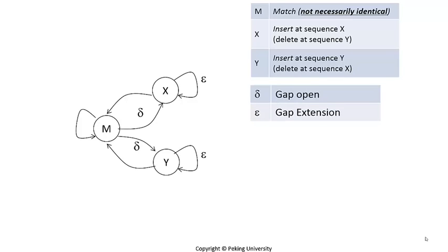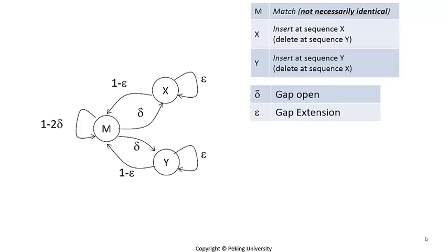Further, we can assign to each possible transition a probability. We denote by delta the probability of transition from M to X or Y, i.e., gap open, and by epsilon the probability of transition from X or Y to itself, i.e., gap extending. Then, we can derive other transition probabilities by the law of total probability.